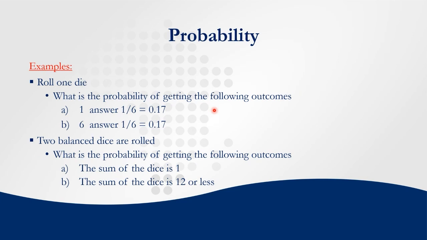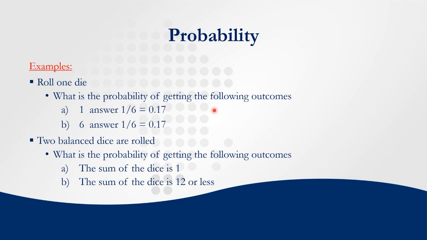So just to see what probability means, you can think about when you roll a die. One die has 6 possible outcomes, right? If I roll it, it can land on a 1, a 2, a 3, a 4, a 5, or a 6. So I have 6 possible outcomes.